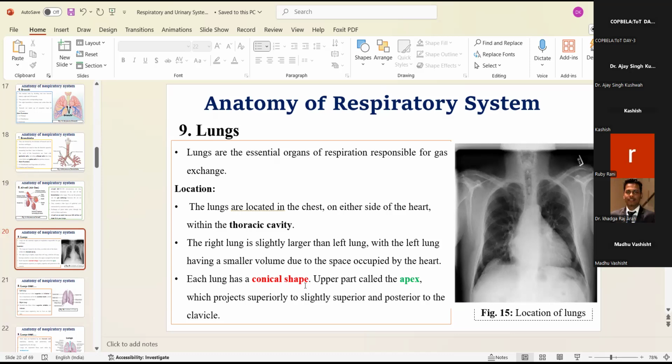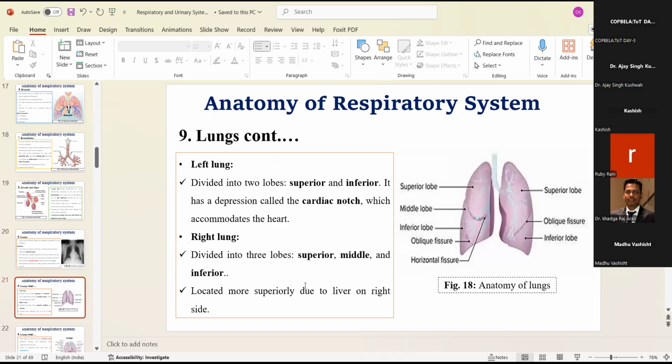You can see in the diagram, the lung is conical in shape, and the upper part is known as the apex, located in the chest, or thoracic cavity. The right lung is slightly larger than the left lung, because the left lung has a smaller volume, as some space is occupied by the heart.